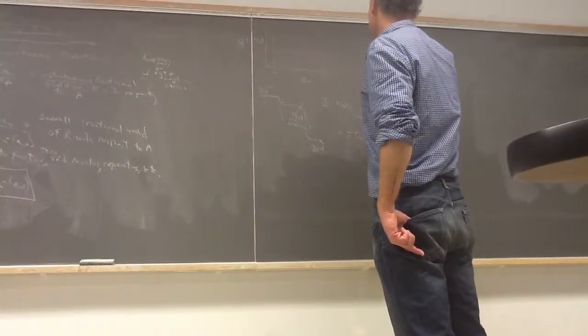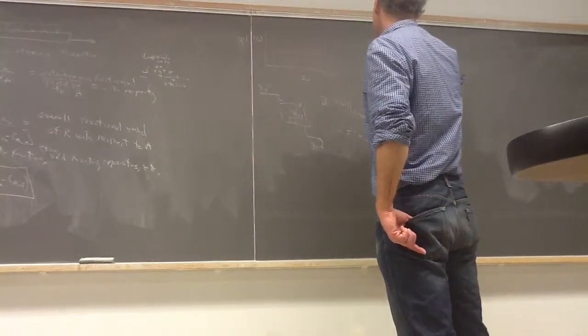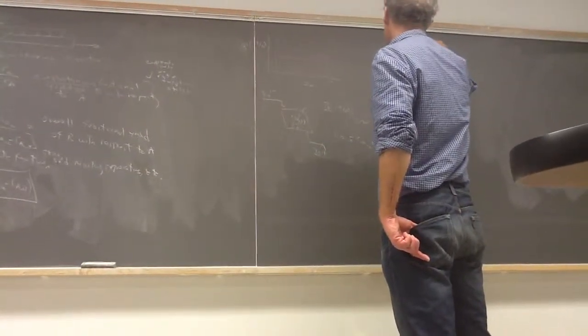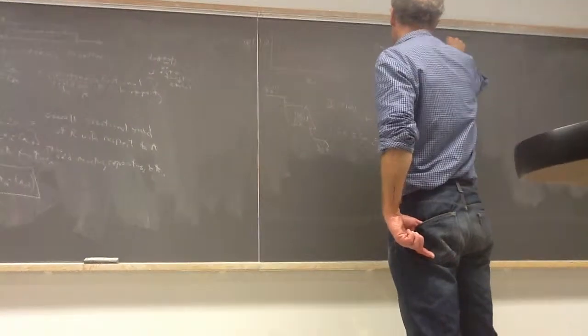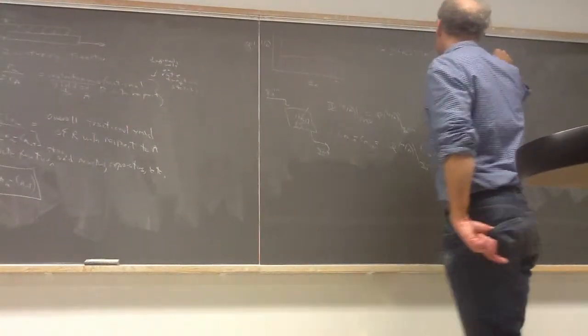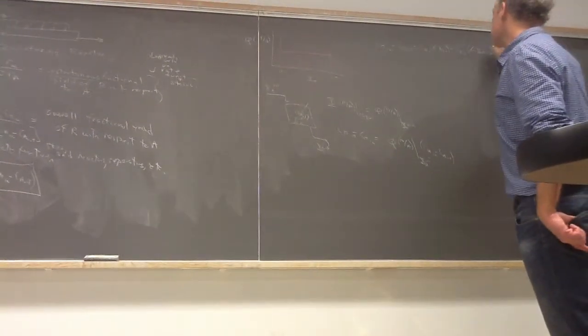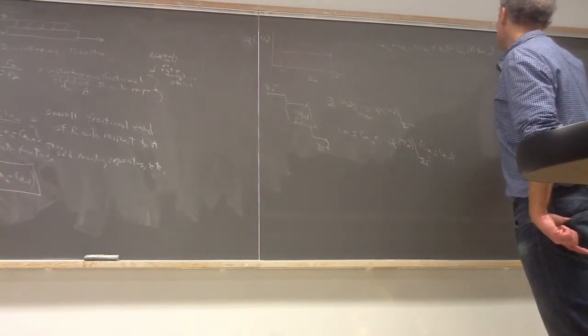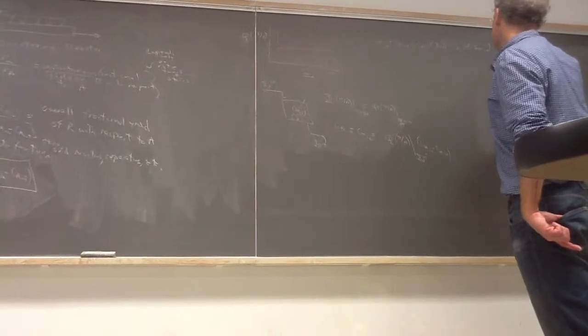CA in minus CA out is equal to CA0 times 1 minus X in, minus CA0 times 1 minus X out. The ones cancel, and this is CA0 times X out minus X in.